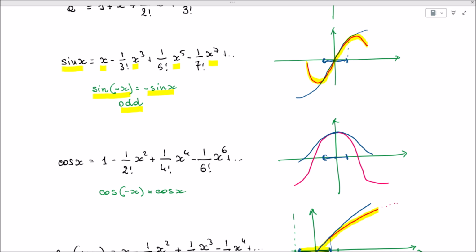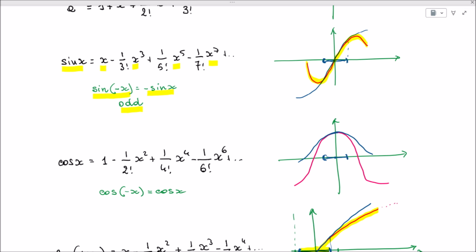So we're led to generalize this result, saying that it is possible that for every function f of x which is even, the corresponding Taylor polynomial only contains even powers. Instead, if f of x is odd, then the Taylor polynomial contains only odd powers of x. Now, this turns out to be true in general, and we will prove this.